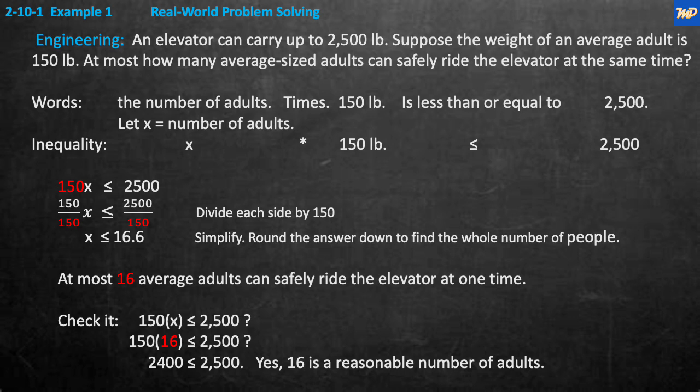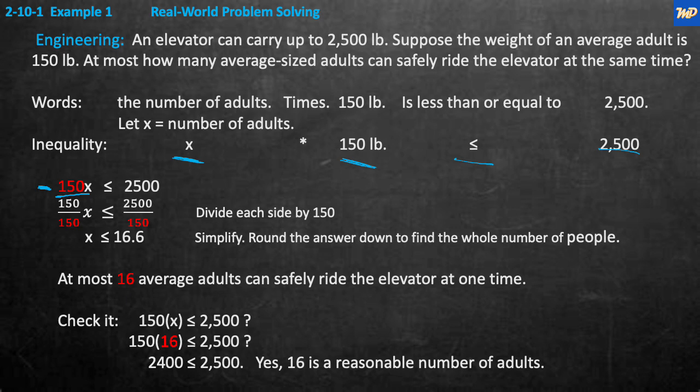Okay, so now we write the inequality out. It's 150 times X is less than or equal to 2,500. There's the entire inequality.